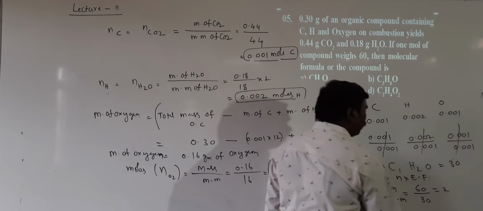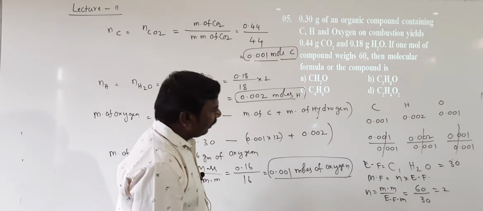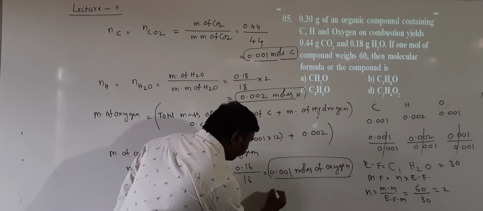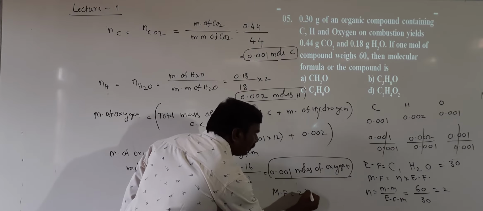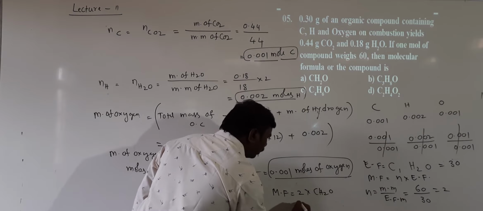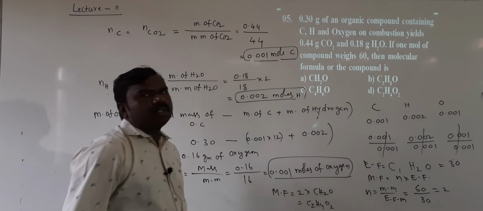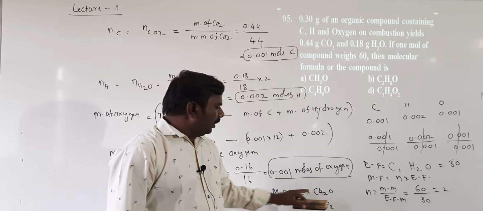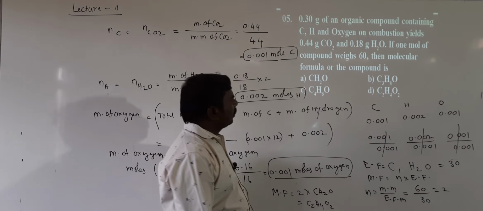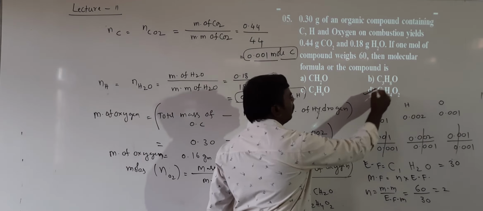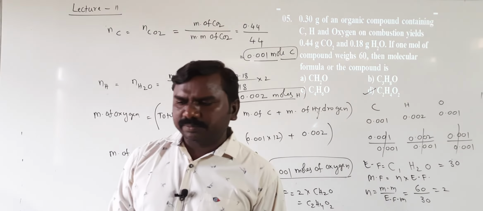So that is equal to 2. Okay. Then molecular formula equals N equals 2 into empirical formula CH2O, C2H4O2. Clear? C2H4O2 is the right answer. The option is D, the correct option.